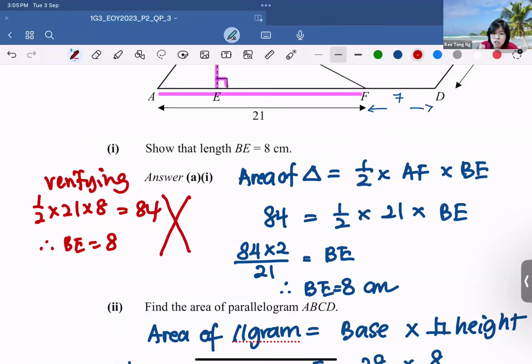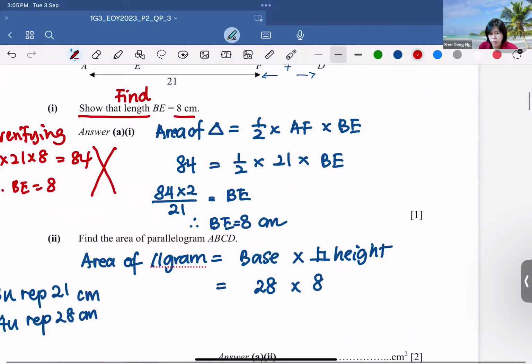This is not showing that. When the question asks you to show that a length is something, it's actually asking you to find BE, and at the end of the day the answer must come out to be 8. So you cannot use this method. If you put in a number, you will not be given any marks. Only this is the correct answer.